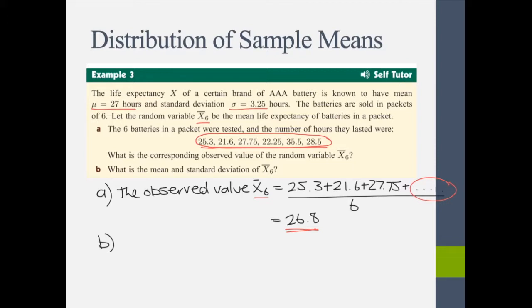If you then found the mean, or the average, of those, you'd find it would come out very similar to the population mean given in the question, which was the 27 hours. That's why on that slide before I said the mean will end up being the same, and the standard deviation will be the standard deviation divided by square root n. That's where that comes from.